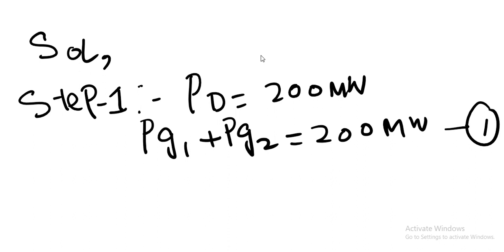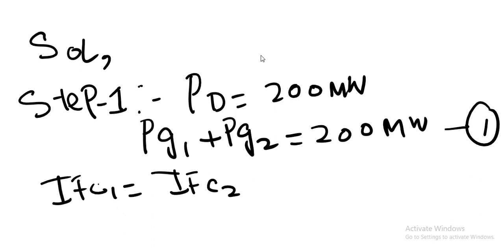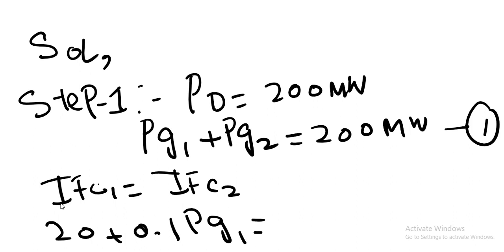As we know that for economical load dispatch, IFC1 equal to IFC2. Right? IFC1 is 20 plus 0.1 PG1. IFC2 is equal to 16 plus 0.2 PG2. Let's solve this equation.